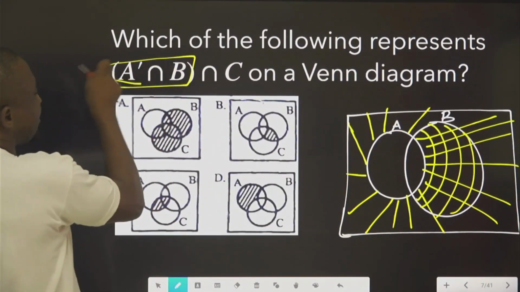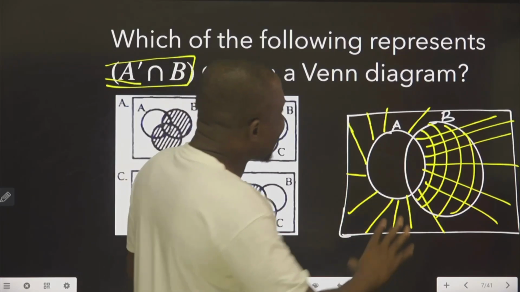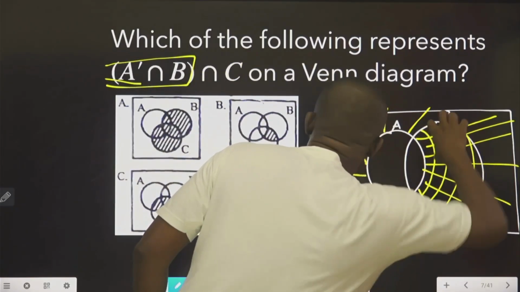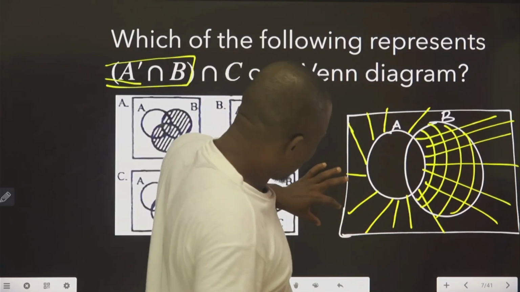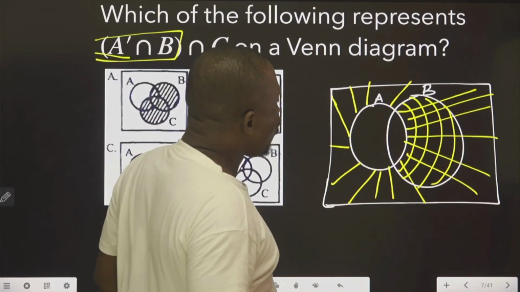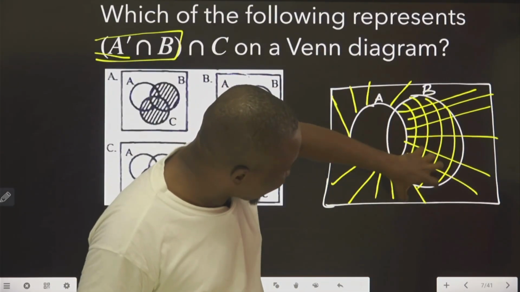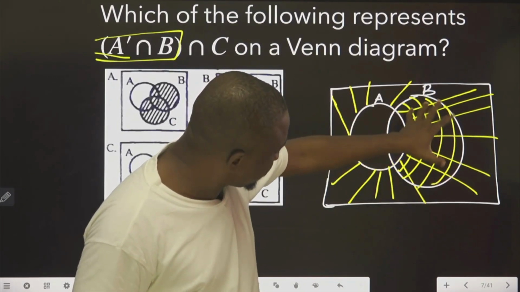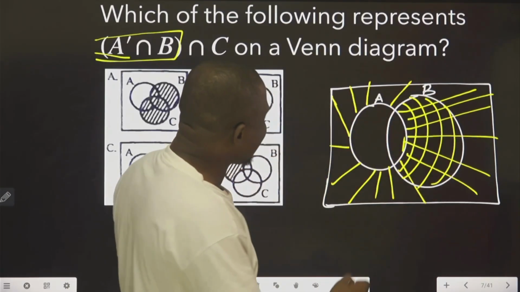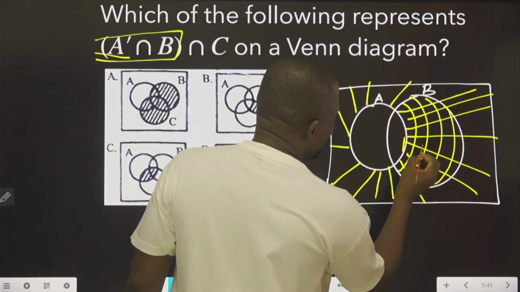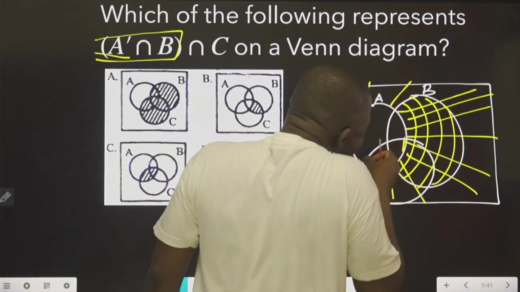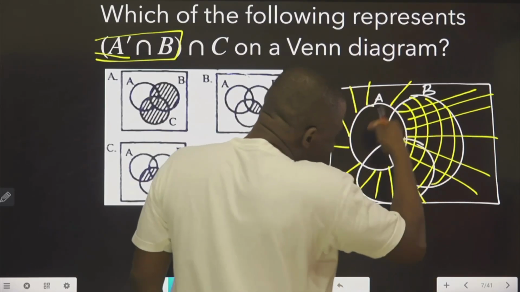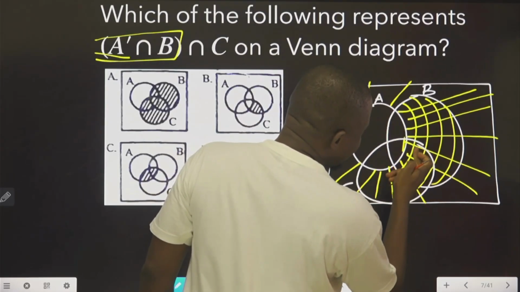So this area is what this one is representing. That is this. So again, this area you are seeing like this. That is this one. Intersect with C. So we are going to draw C wherever this basket shapes. Whatever that collide with this is the area we are referring to. So if I draw C here now, say this is C, the area that collide with C is this.